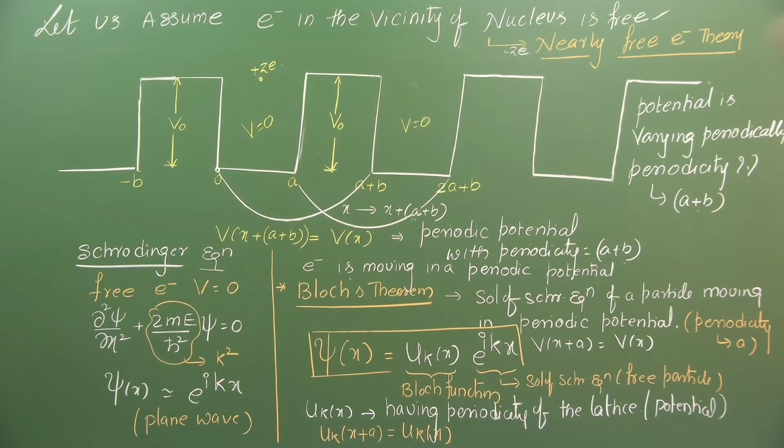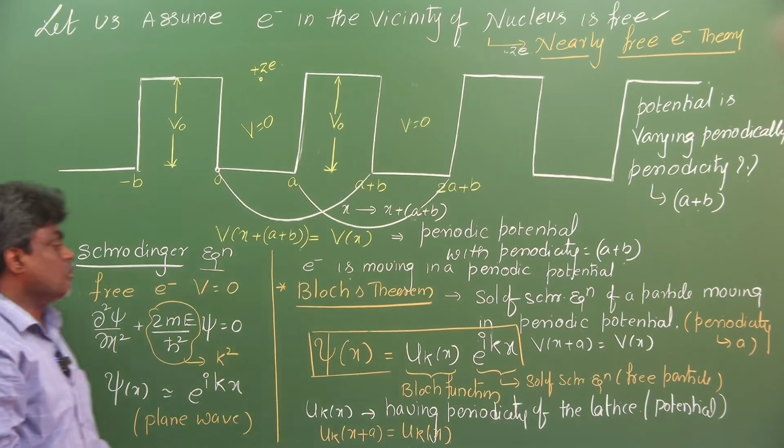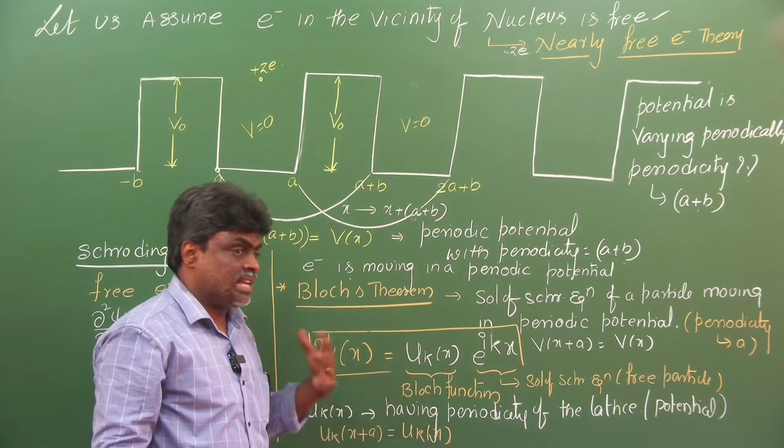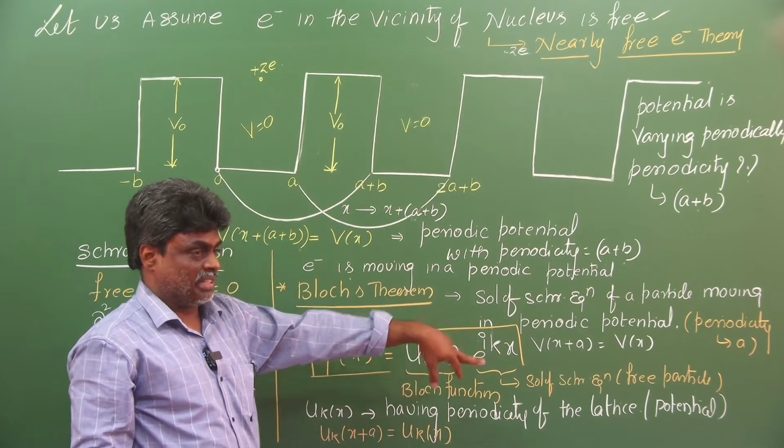So Bloch's theorem is just an idea to get the solution of the Schrodinger equation of a particle moving in a periodic potential. Because we know the solution of a free particle, that is modified with the Bloch function. That Bloch function has the property of periodicity.